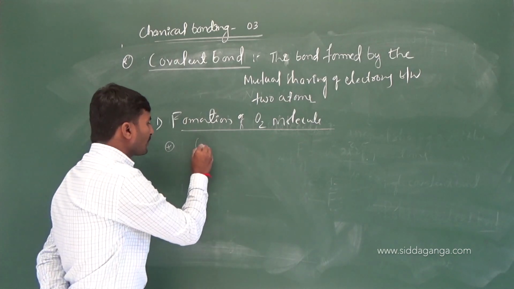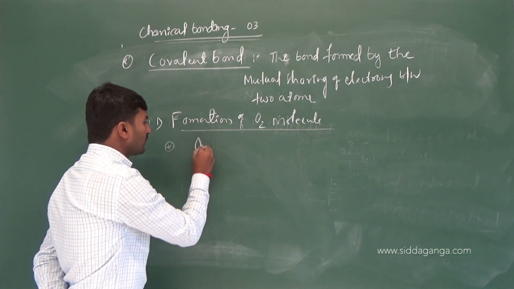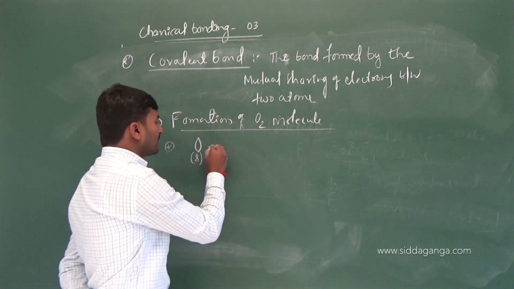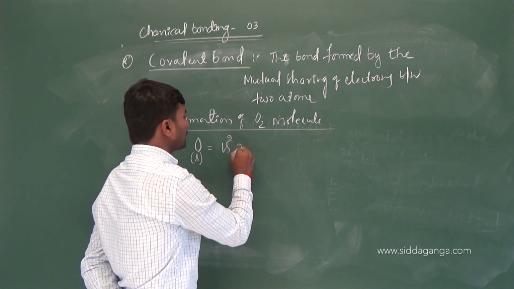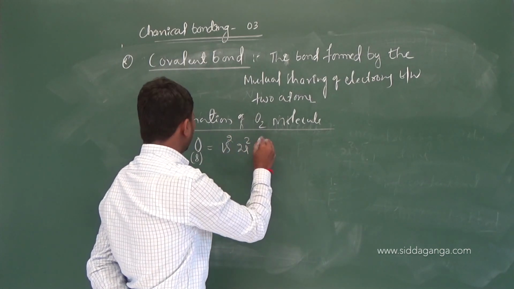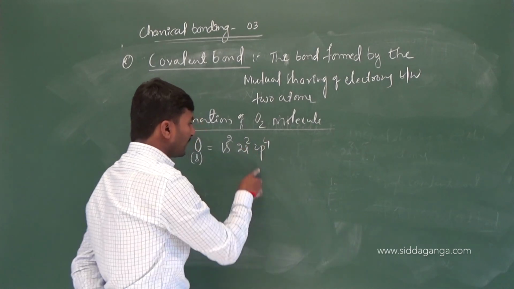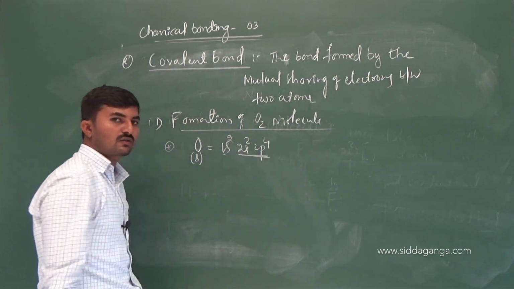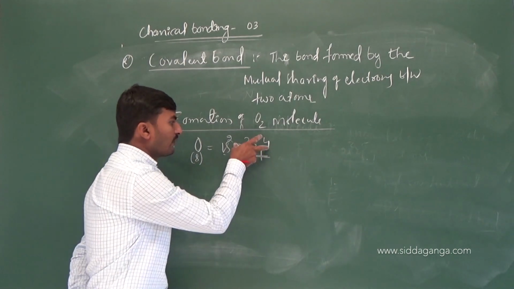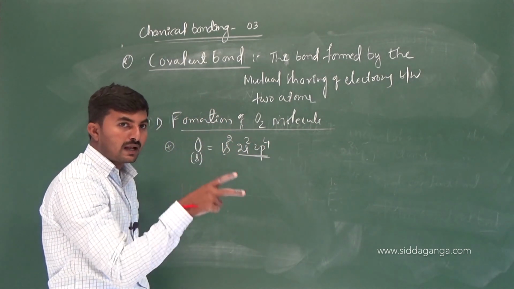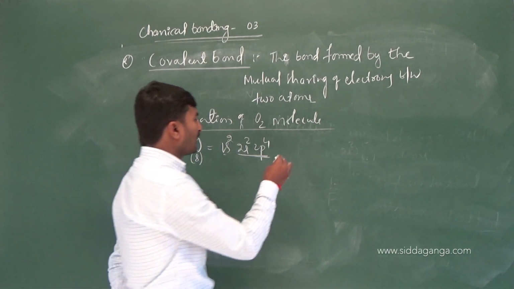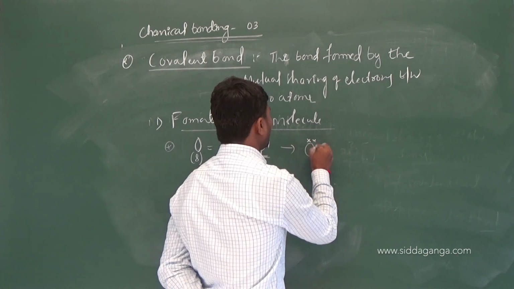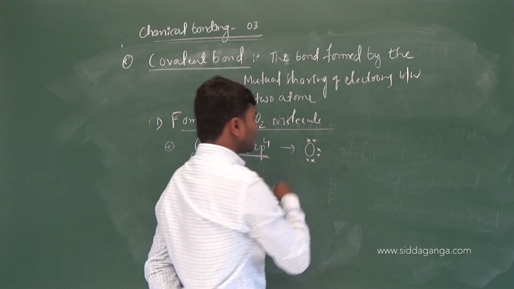Okay, one oxygen atom. What is the atomic number of oxygen here? The atomic number of oxygen is 8. It has the configuration 1s2, 2s2 and 2p4. How many electrons does this oxygen have in its valence shell? It has 6 electrons in its valence shell, represented as 2, 4, 6.